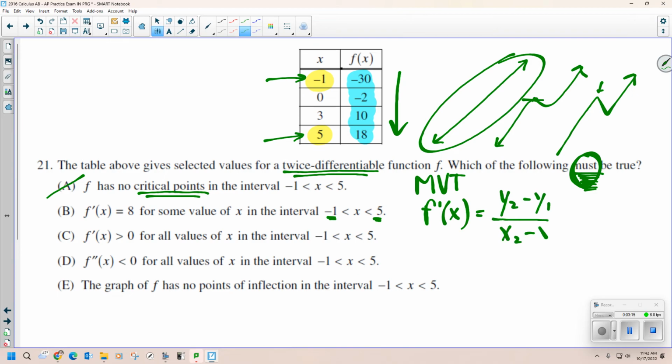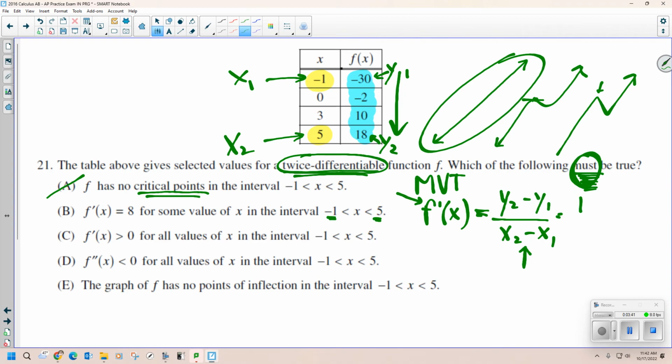Just change in y over change in x. So this has to be true if it is continuous and differentiable in the interval, which it is. So let's figure out what this is. We'll call this x1 and y1, y1 is this, and x2 and y2, which is this.